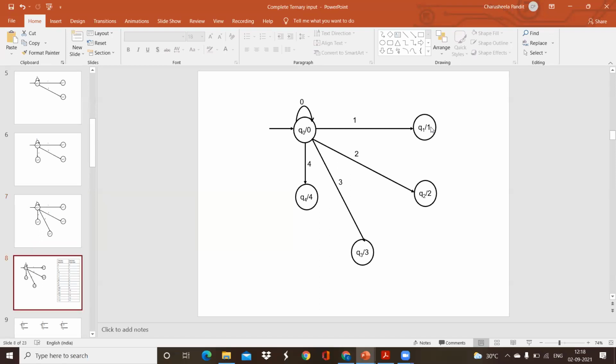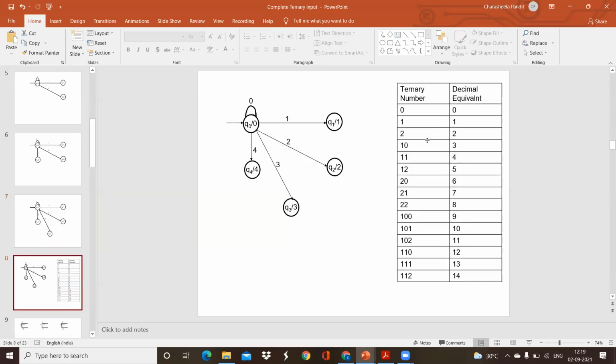10. So when you get 10, its decimal equivalent is 3. So to Q1, if you give the input as 0, you will get ternary number 10, which is 3, and that will be divided by 5. So the remainder will be 3. So you need to transfer to the state which will generate the output as 3. So from Q1 you will navigate to that.